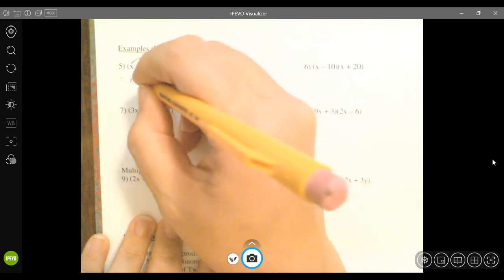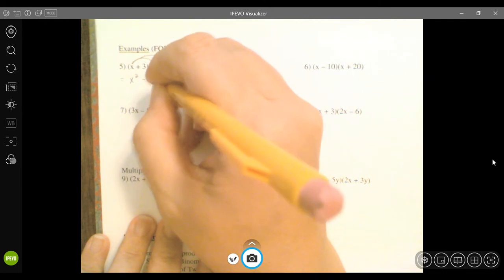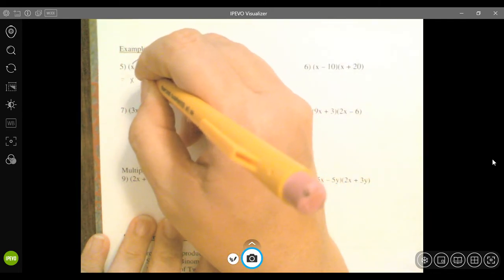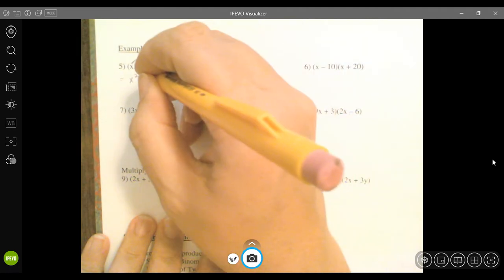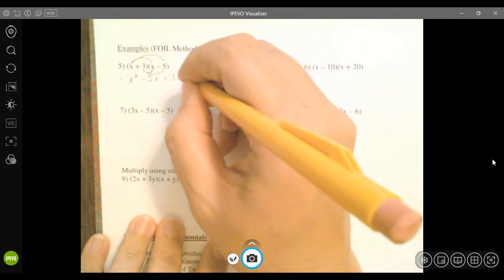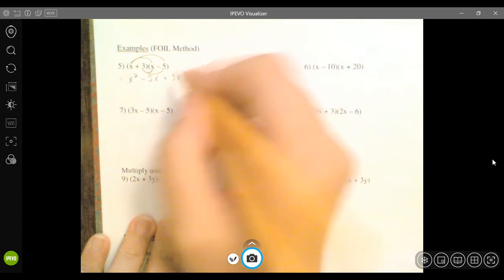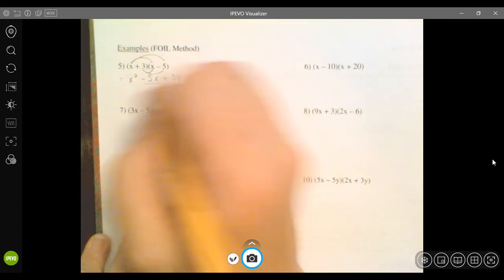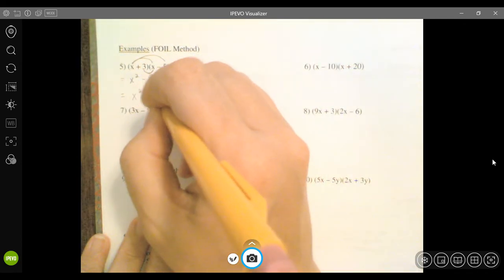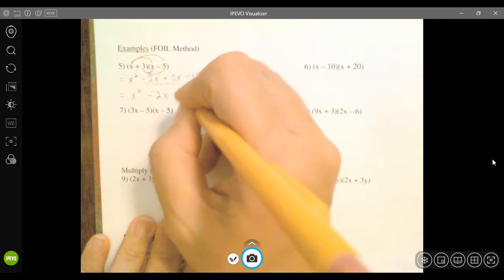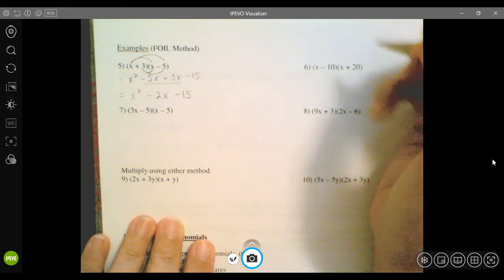Outside times outside is negative 5x. Inside times inside is 3x. Last times last is negative 15. And if I have like terms, I combine them and I'll get x squared minus 2x minus 15.